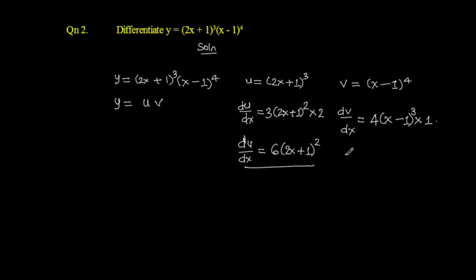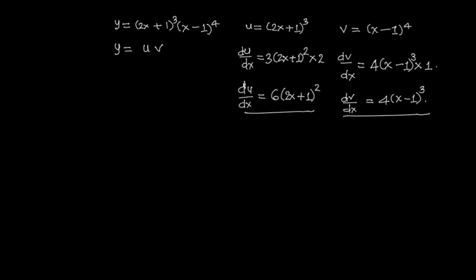So let's rewrite it again. dv by dx is equal to 4 (x minus 1) raised to power 3, because 1 times 4 is just simply 4. Great. So having done this, we are ready to combine them with product rule.